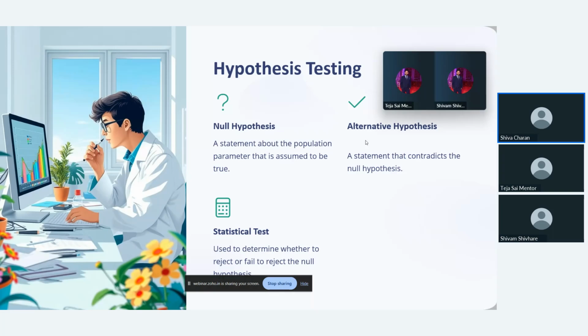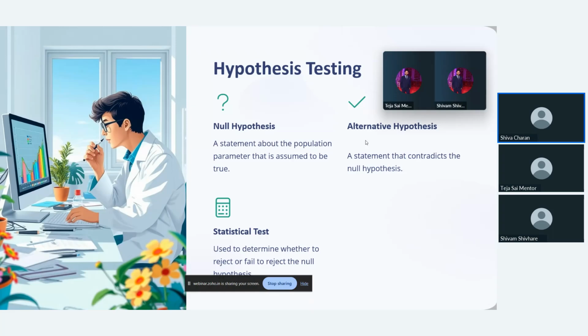This is an assumed statement, and in order to prove that this assumed statement is true, we'll be going for hypothesis testing.